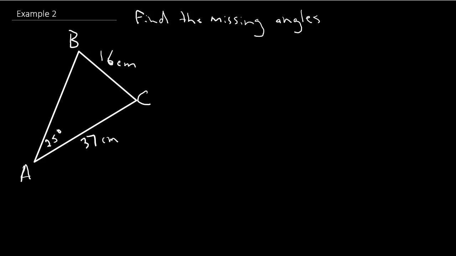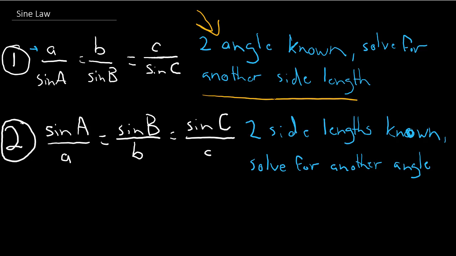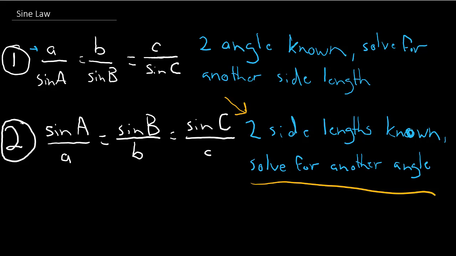The first angle that we should try to find, because we know the side length, should be angle B. So we're going to try and figure out angle B using the sine law. I'm going to go back to this slide, and this time we're not using slide 1, we're actually going to use slide 2, or formula 2. We're going to use formula 2, not formula 1 this time, because we know 2 side lengths, and now we need to solve for another angle.